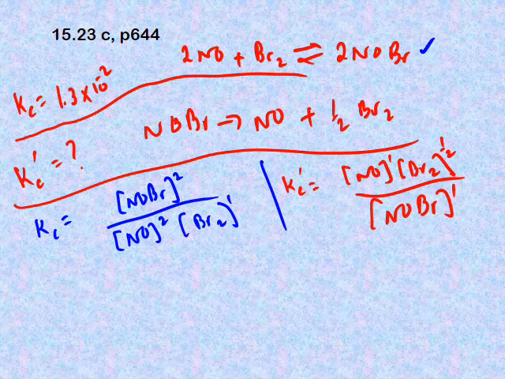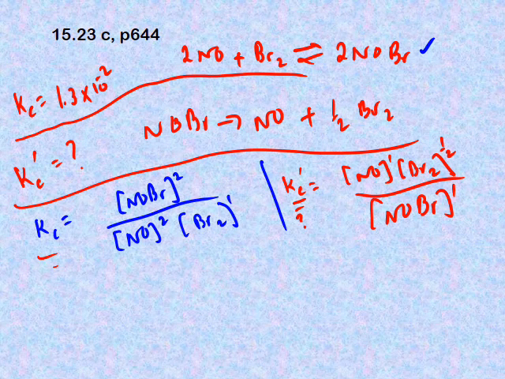Okay, now how do I find a relationship between them? Because this is what we need to find out, this value. Well, it looks like if I take the inverse of the Kc, then I can put this NO and Br2 on the top.